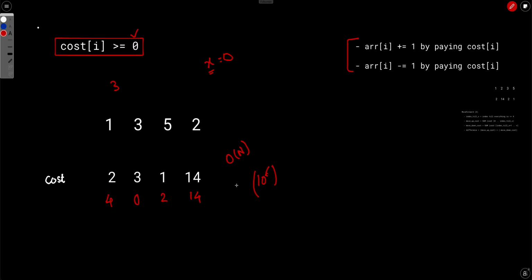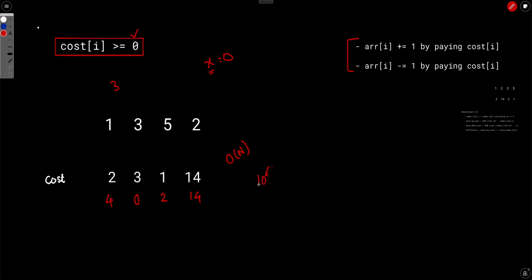Now, if you make everything greater than 10 to the power 6, let's say 10 to the power 6 plus 1, you will be paying more cost than at 10 to the power 6, because everything here you have paid already, let's say C cost, and by the same argument you will be paying greater than C cost because you have to move everything by one element forward and you will be paying all this cost. So the cost would be greater than or equal to C if it is greater than or equal to 0. Okay, so basically you can stop at 10 to the power 6.